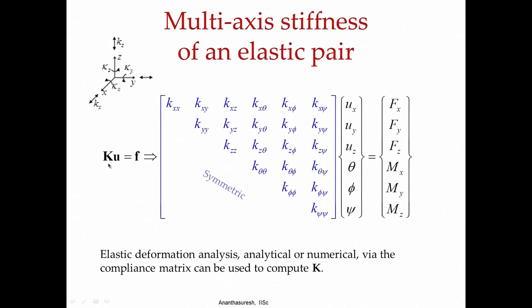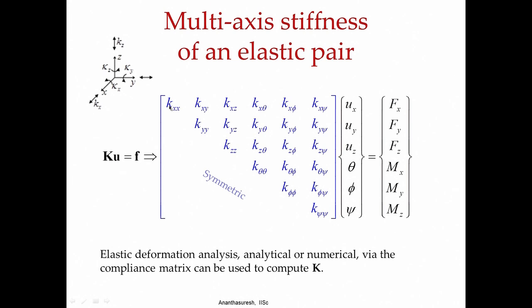So, if you say k u equal to F, k is the stiffness matrix multiplying the generalized displacements, meaning translations and rotations, to give the corresponding generalized forces, so forces and moments. Having these stiffness values kxx, kxy and so forth, you can characterize whether something is a kinematic pair or an elastic pair.